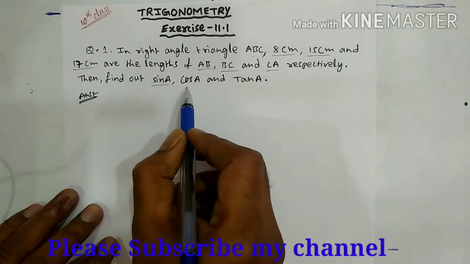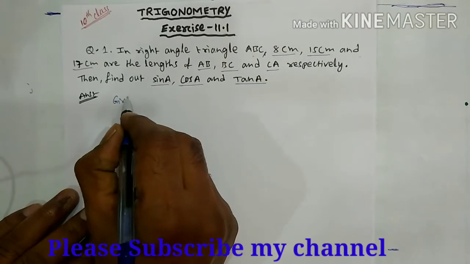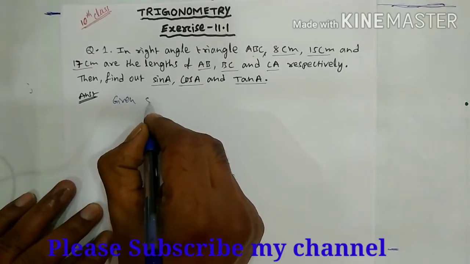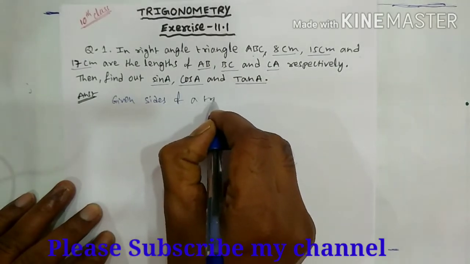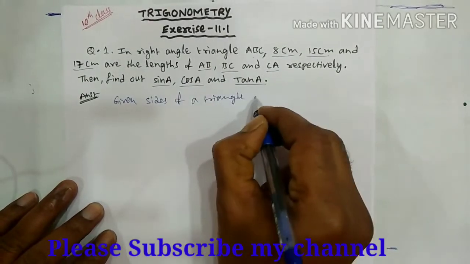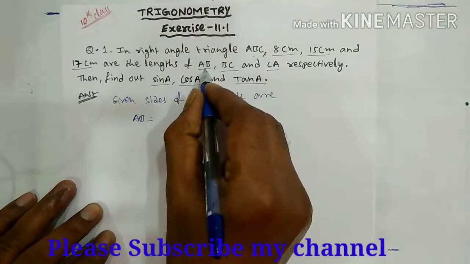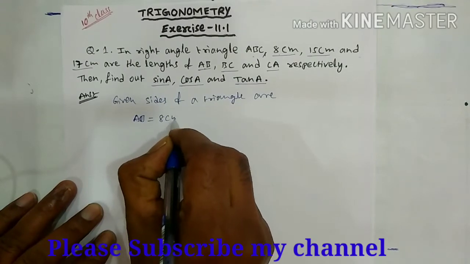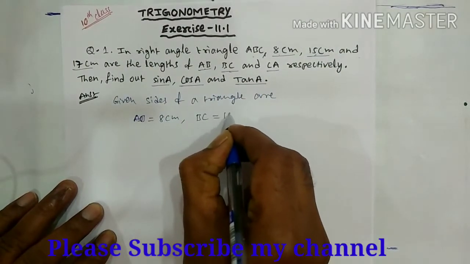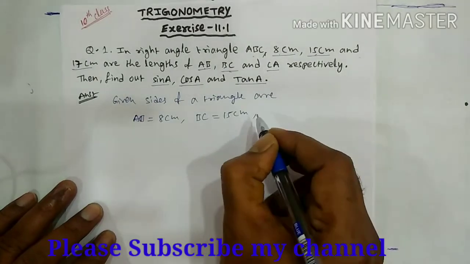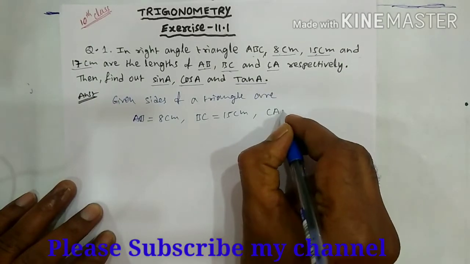Then find sin A, cos A and tan A. So the given sides of the triangle are: AB is 8 centimeters, BC is 15 centimeters, and CA is 17 centimeters.